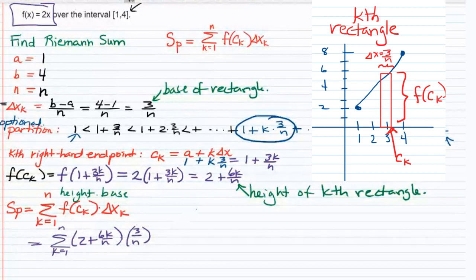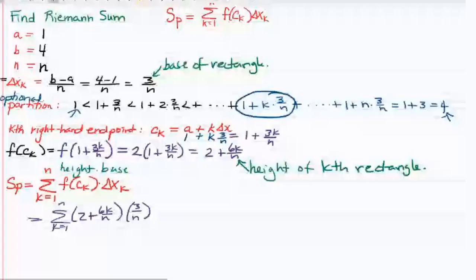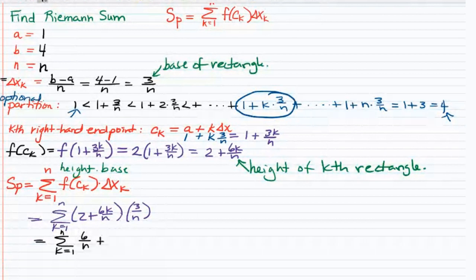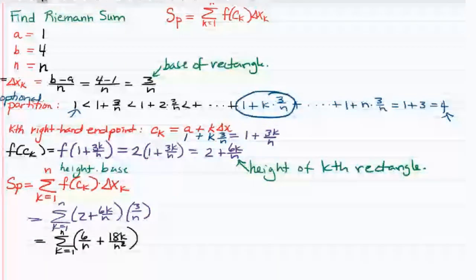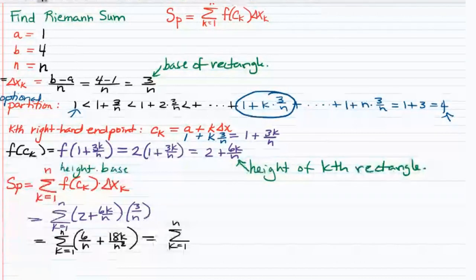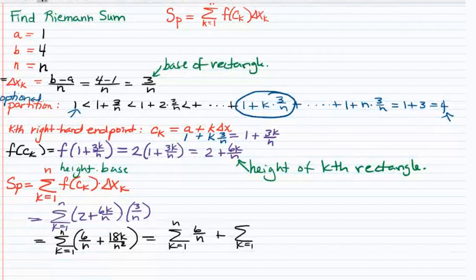So we have to work this out a bit. The first thing usually is to distribute through the parentheses. So we have the sum k equals 1 to n of 6 over n plus 18k over n squared. Now we're going to split this up. We know that we can break the sum into two sums: the sum k equals 1 to n of 6 over n, plus the sum k equals 1 to n of 18k over n squared.